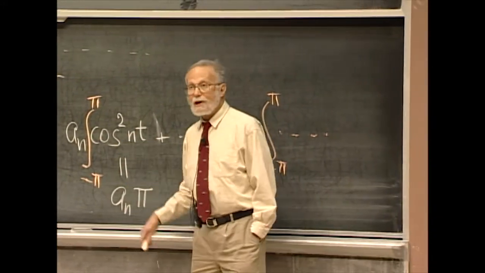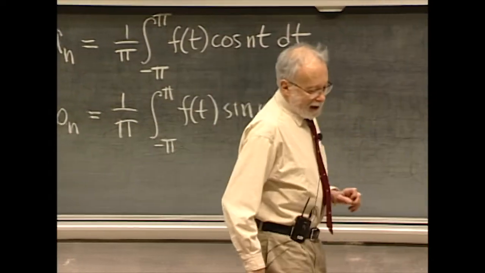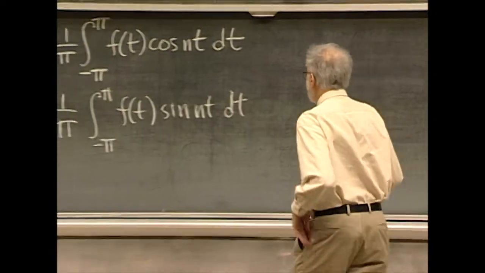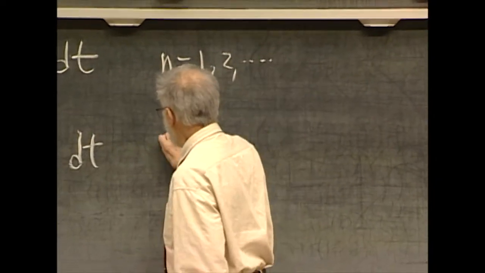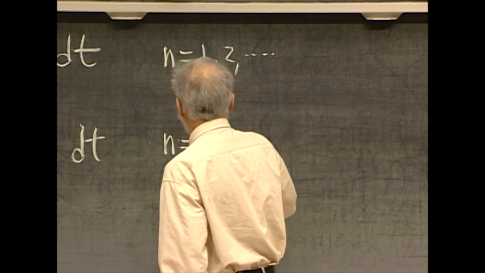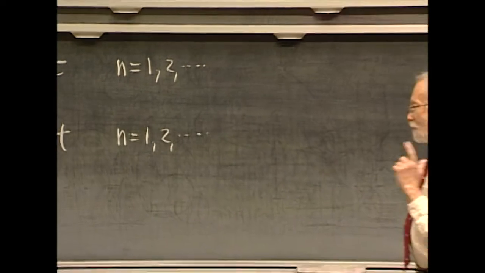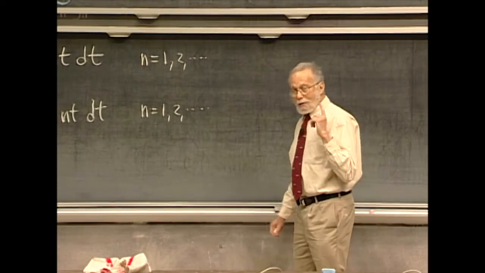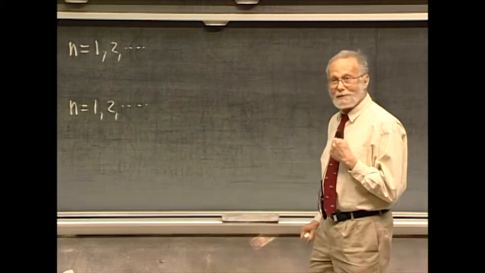So there's no difference there. Now, there's only one little caution. I have to be a little careful. This is n = 1, 2, and so on. And this is also n = 1, 2. And unfortunately, the constant term is a slight exception. We better look at that specifically, because if you forget it, you can get into gross errors.